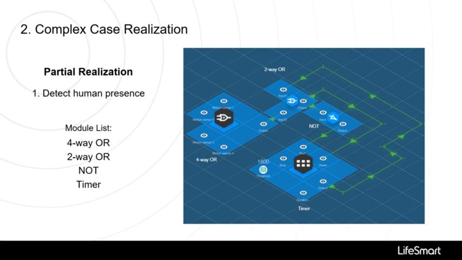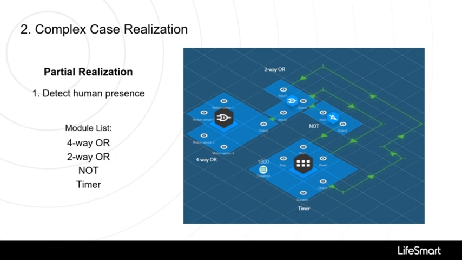The design scheme is as the picture shows on the right-hand side. The four motion sensors are loaded to the four inputs of the four-way OR.